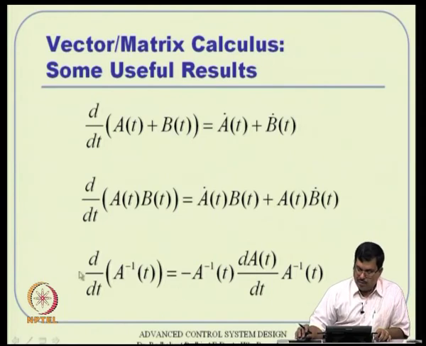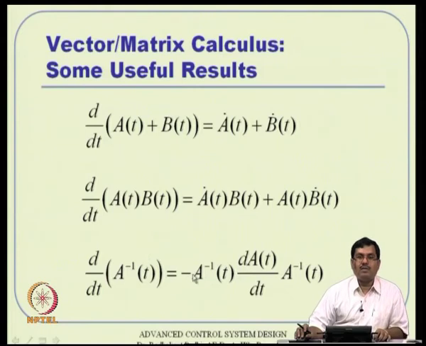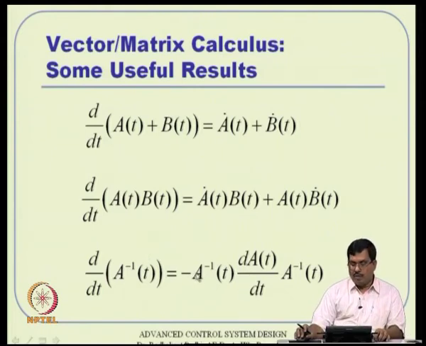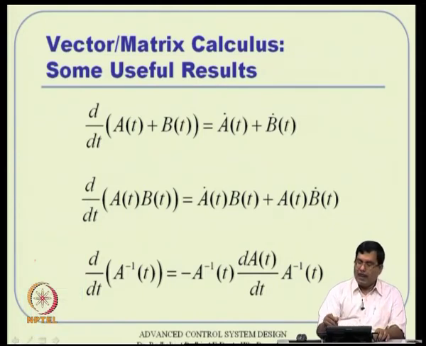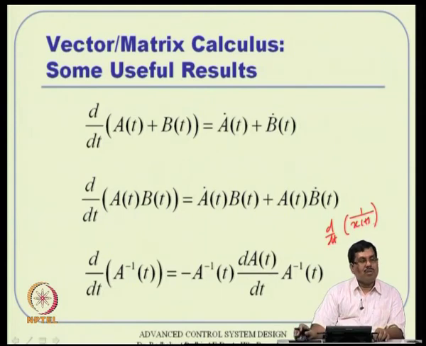Now, here is an interesting thing, which tells me that the derivative of the inverse of a matrix A is nothing but negative of A inverse, dA by dt, into A inverse. It is very close to the scalar case. Suppose I have d by dt of x inverse, that means 1 by x(t), if it is a scalar quantity.